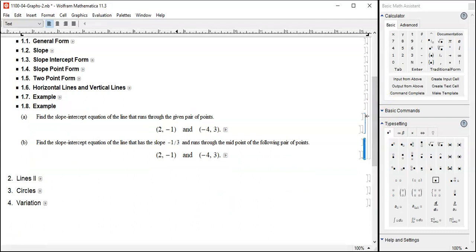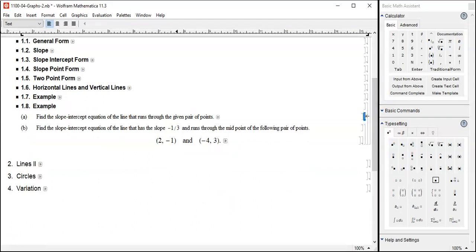All right. The final problem here, the slope-intercept equation of the line that has slope -1/3 and runs through the midpoint of the following pair of points. So we have the slope m, so -1/3, and then you can find out b value by appropriate equation, which is possible, but I don't recommend it.